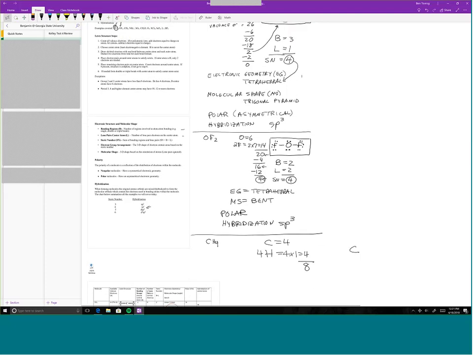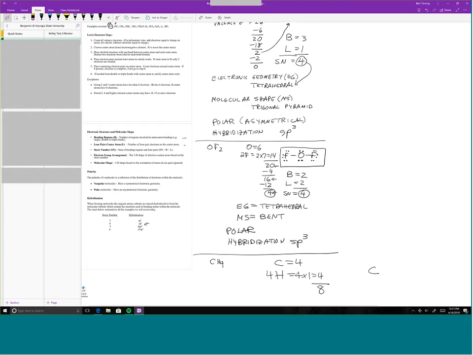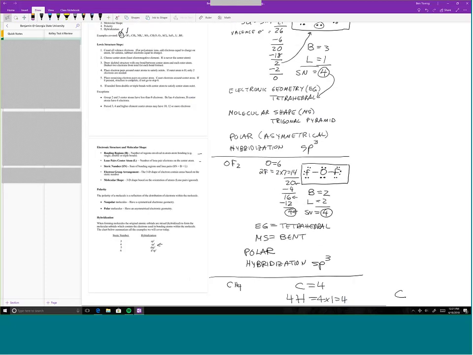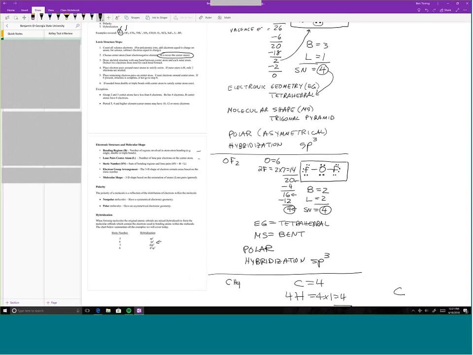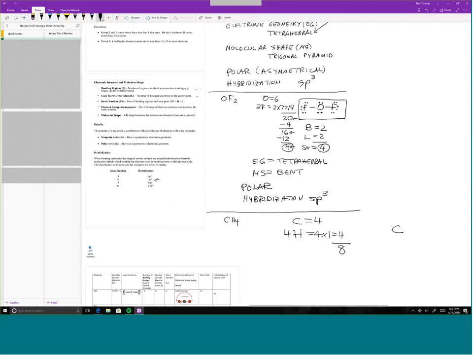Now it says choose the least electronegative atom, and you might say, well, hydrogen has lower electronegativity than carbon. That's true, but hydrogen can never be the center atom. So that's why it winds up being carbon. We're going to put the 4 hydrogens around.